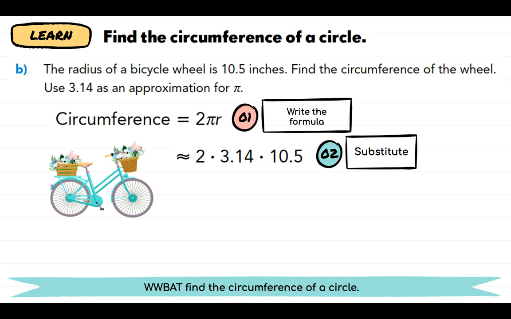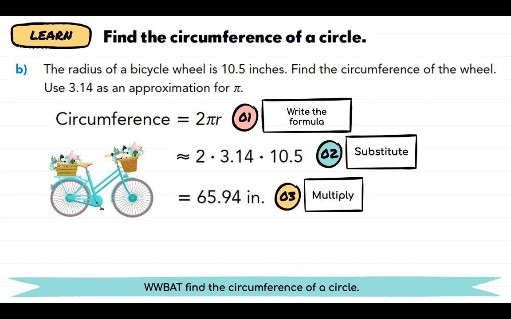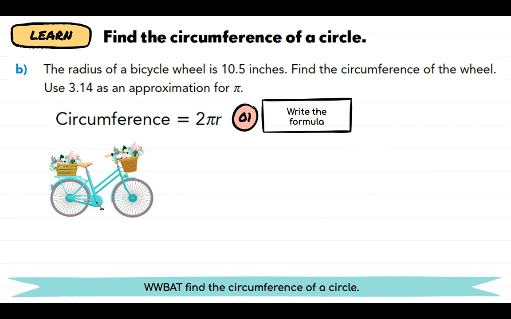I'm going to take out my calculator and then multiply. And I have my answer, 65.94 inches. Why don't you try and do this one with me? First we started off by writing the formula, circumference equals 2 pi r.